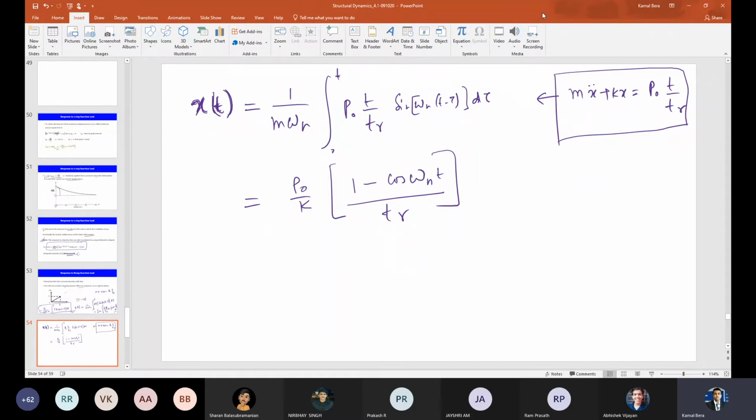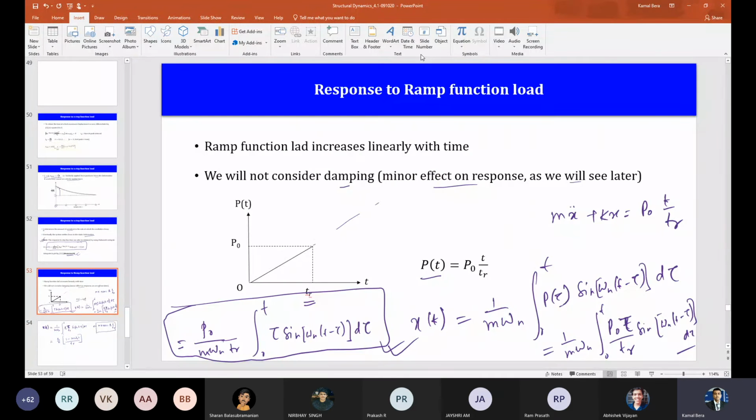Anybody else? This is tau, sir. I think here I have written tau correctly. It's P tau.